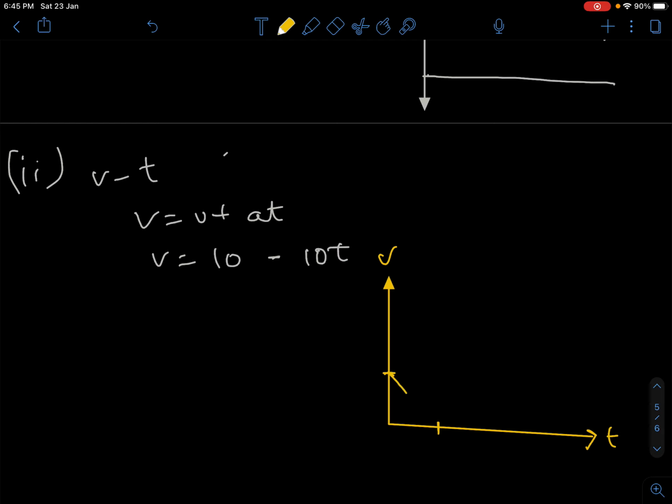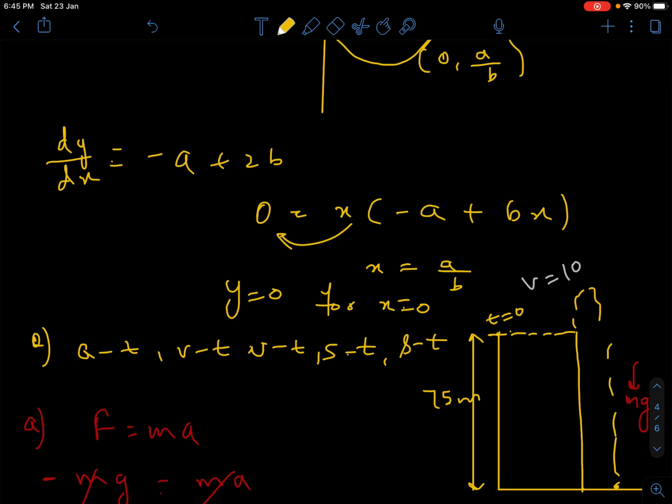Okay, so it will form like this. And you can see that for t equals 2, it will become minus 10. For t equals 3, it will become minus 20. So the graph will be negative, coming downwards, okay?